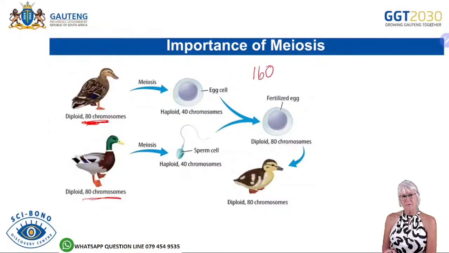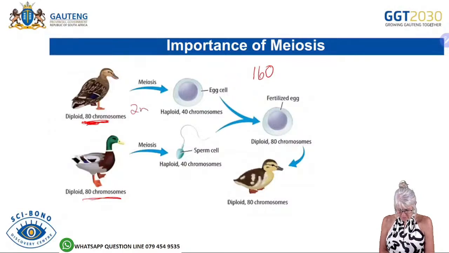And that's not the duck anymore, because that duck only has 80 chromosomes. So the number of chromosomes needs to go from 2n to n, which is 40 chromosomes, so that when I put 40 and 40 together during fertilization, I end up with 80.